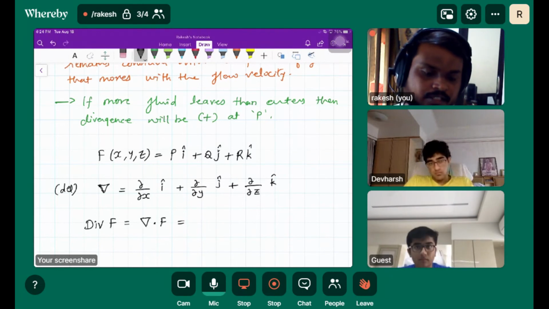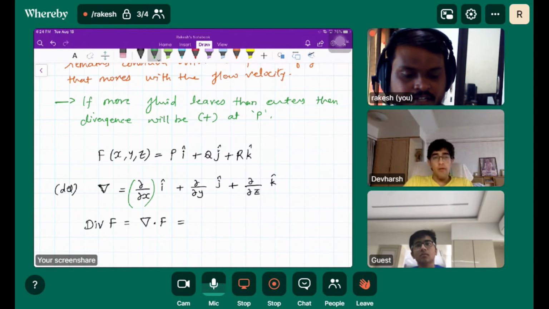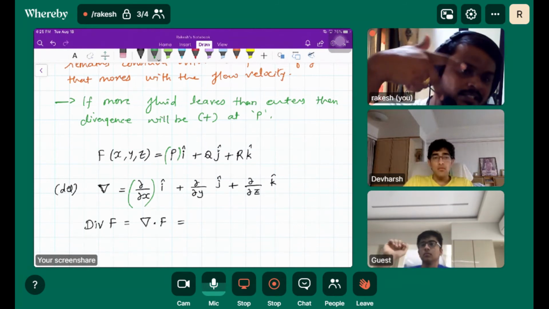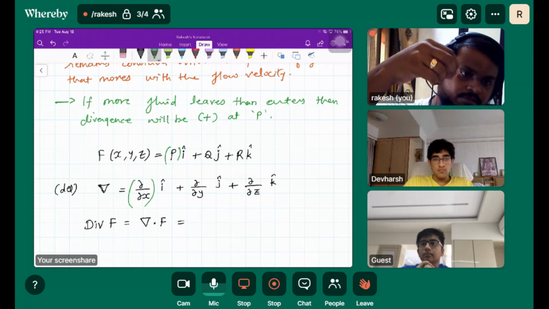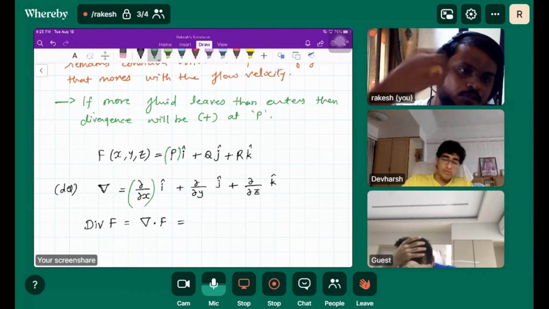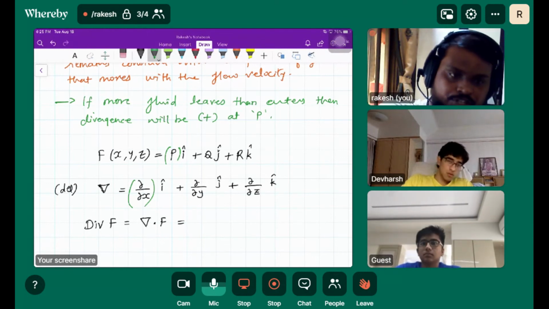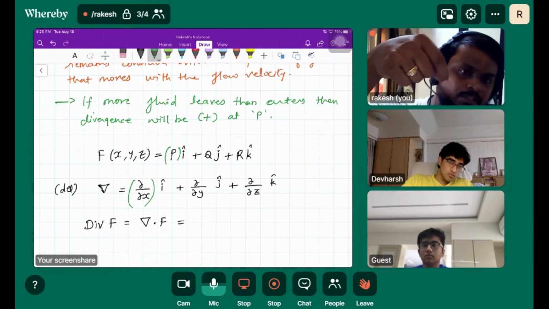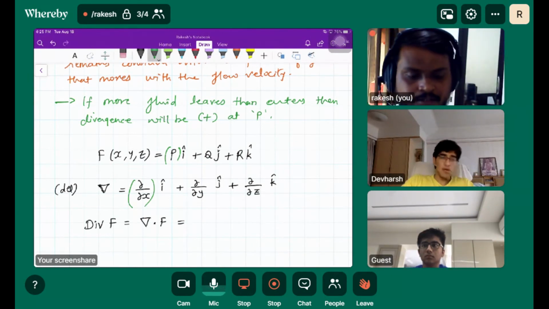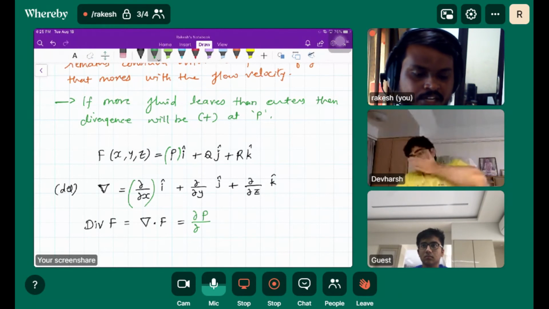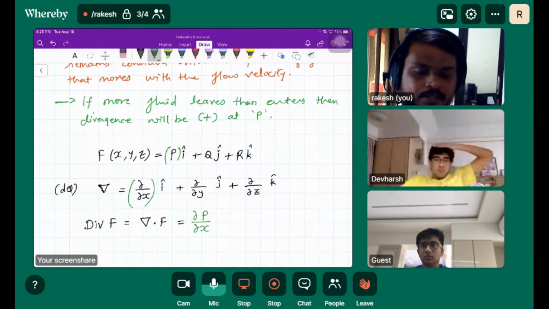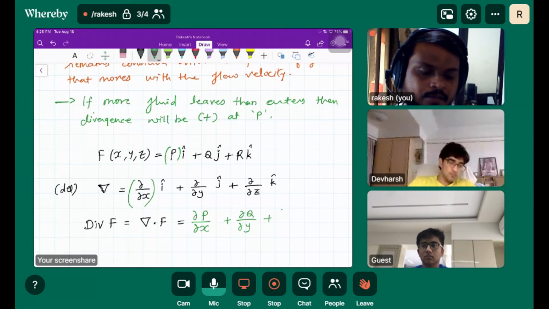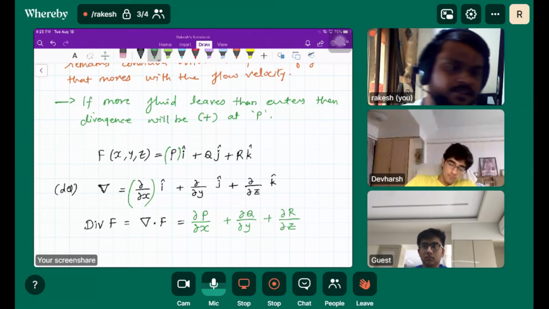This dot product multiplies the same components together: the x components, y components, and z components. So del by del x is taken with P, del P upon del X, plus del Q upon del Y, plus del R upon del Z. So this is the formula of divergence of F.